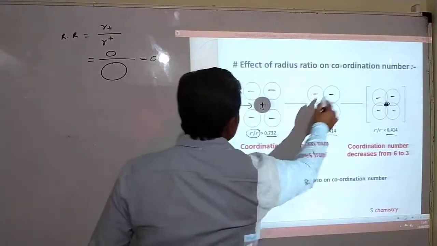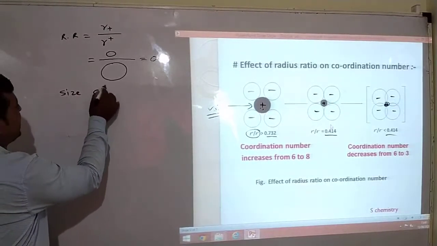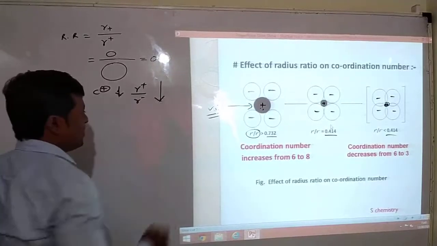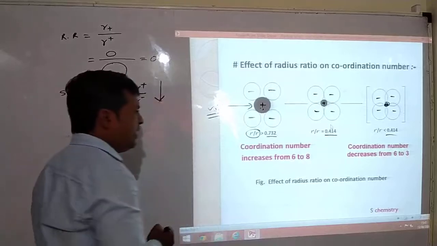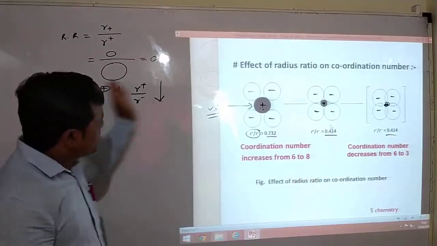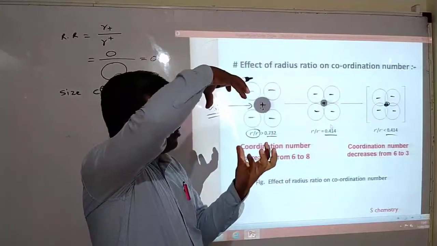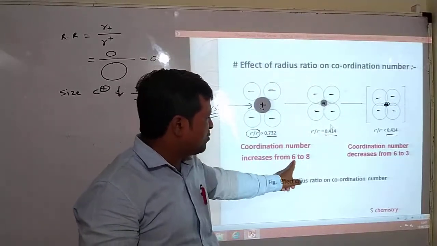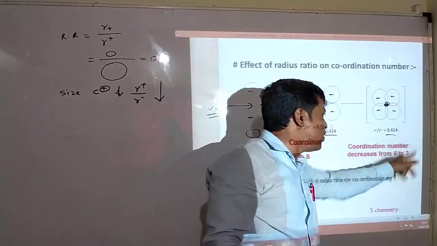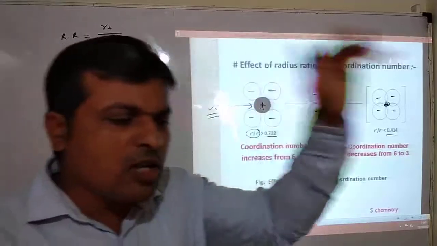That means as the size of cation decreases, the radius ratio decreases. Here, with the central sphere having 4 above and 4 below, the coordination number is 8. So the coordination number goes from 6 to 8 here, and here it decreases from 6 to 3. So as the size of cation decreases, the radius ratio decreases, and the coordination number also decreases.